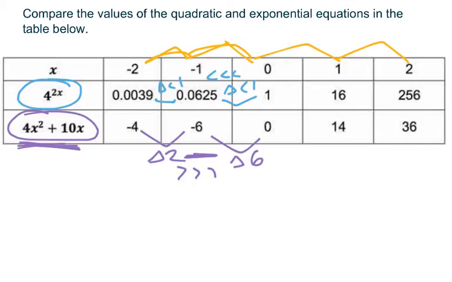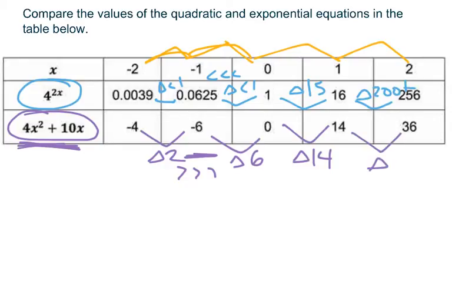But then let's see what happens next. Between 0 and 1, our exponential changes by 15 units, while our quadratic only changes by 14 units. Between 1 and 2, our exponential changes by over 200 units, whereas our quadratic only changes by a little over 20 units.